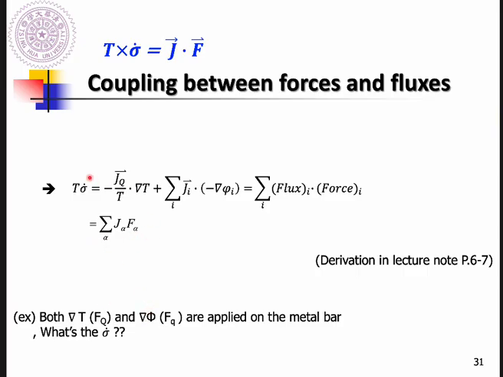Based on this relationship, we will write down T sigma dot equals J capital Q dot F capital Q, and also we have the other driving force, J small q dot F small q. As long as we put this back, then we can get sigma dot.